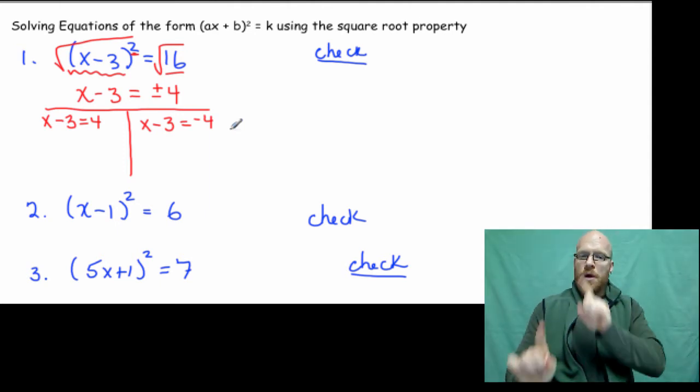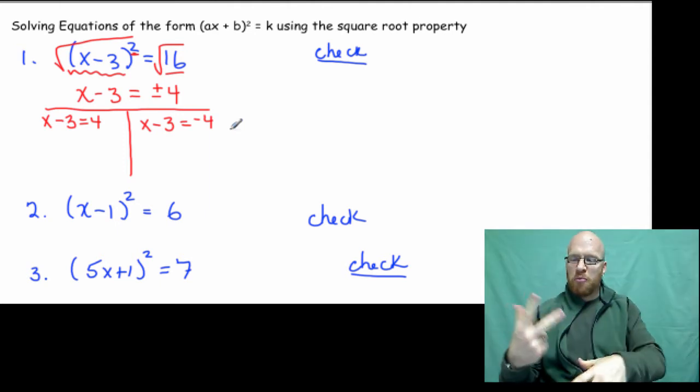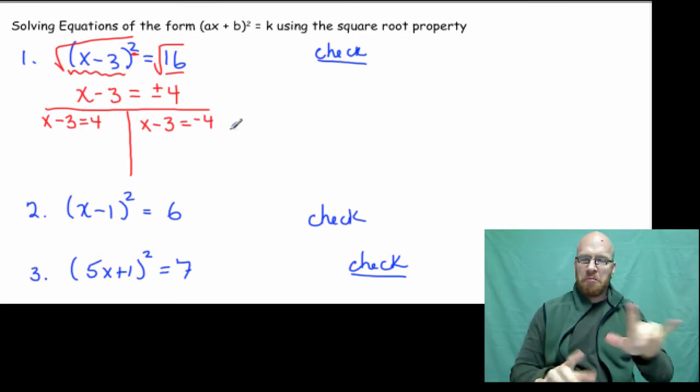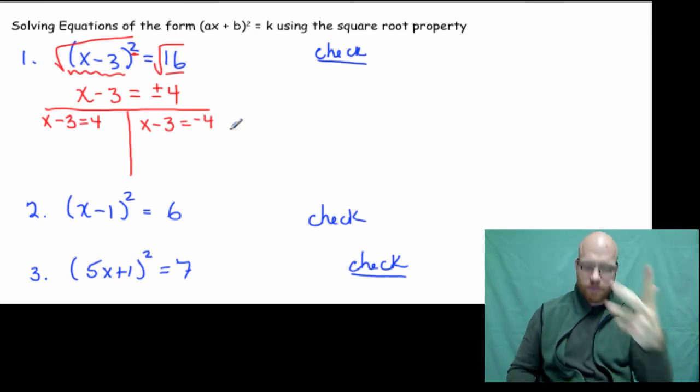All right, so we have two equations now, and they're both positive possible answers. We're going to add 3 to both sides, and we'll see two answers for x.